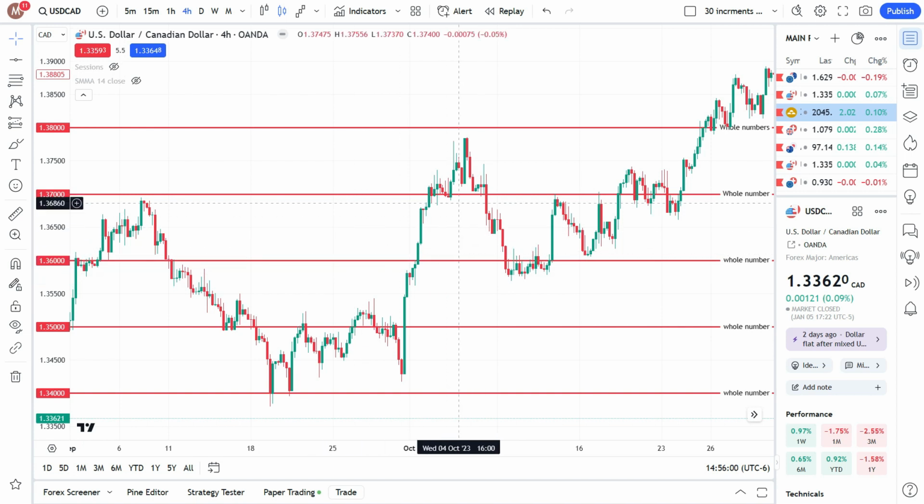You can see that price got to 137, hesitated before trying to go back up to 138. Then it came back down, broke below 1.37, and went all the way to 136, where it reversed. Off of these whole numbers, just know that you can sometimes find your continuations or your reversals.